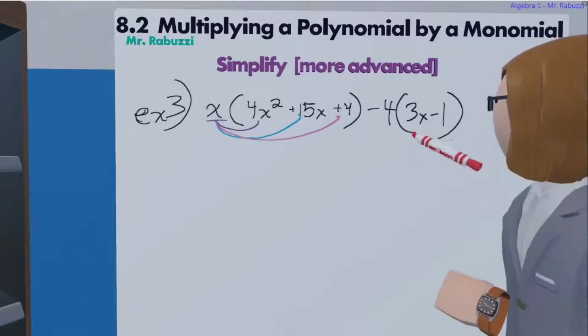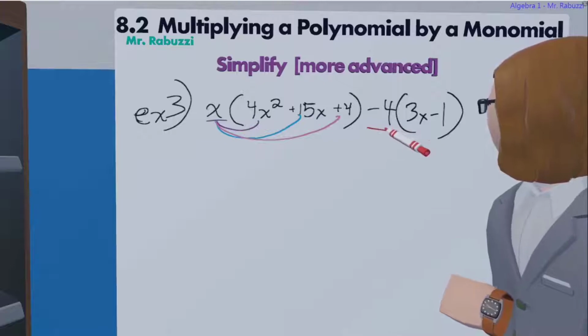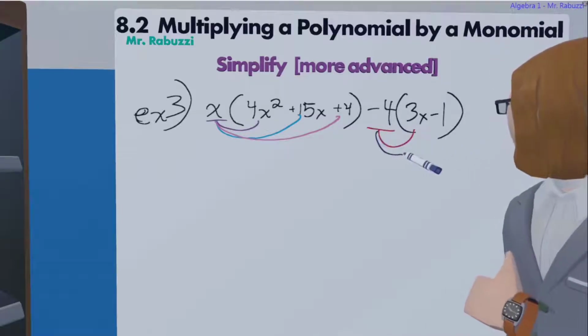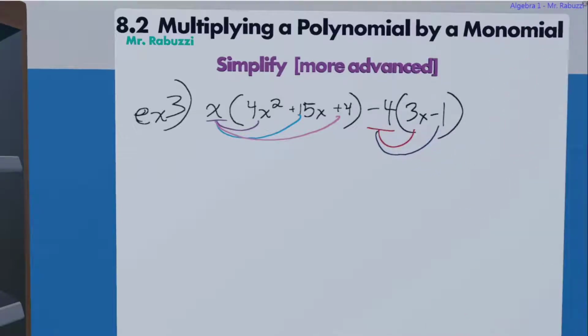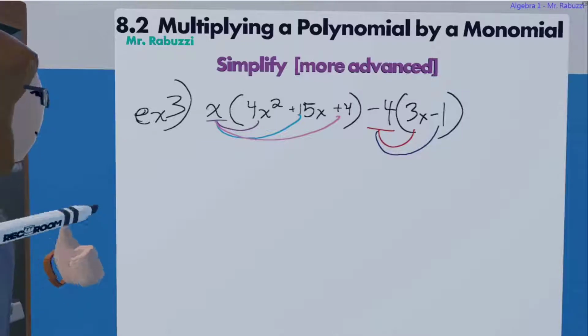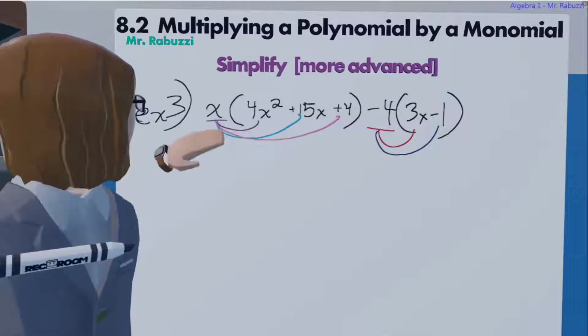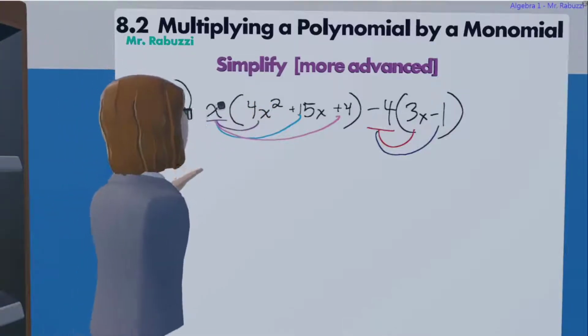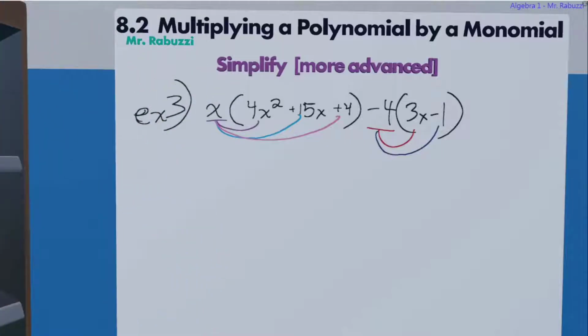Okay. Now on this side, this negative 4 here, it needs to distribute to its parentheses. It will go to the first term and the second term. Okay. So let's start it out. Starting with the first terms. Well, let's use our purple instead of our black.